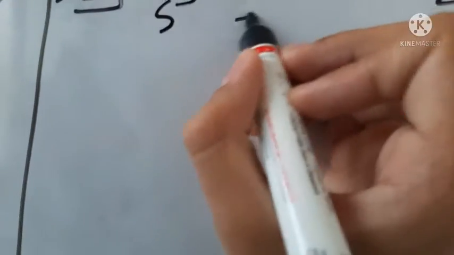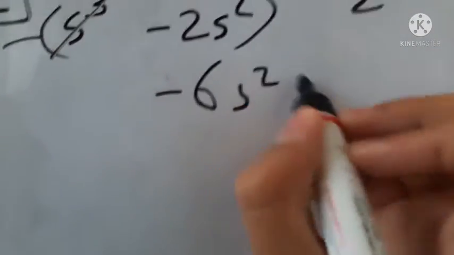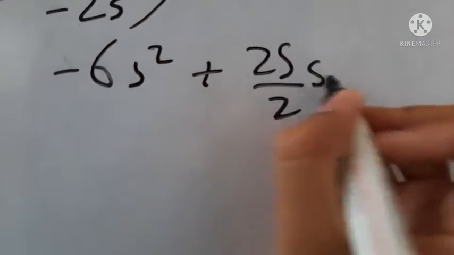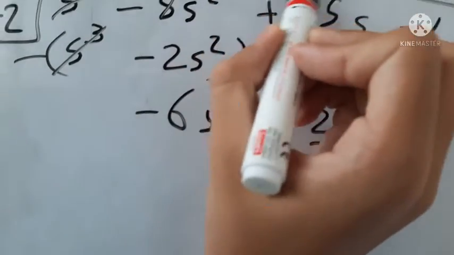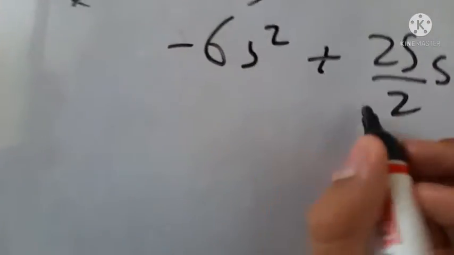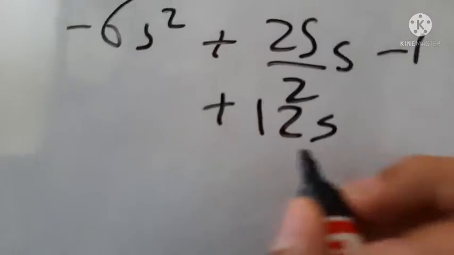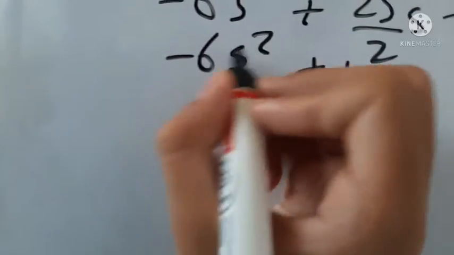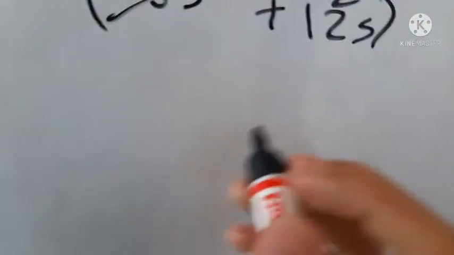So s squared, minus 2s squared, these cancel out, and this becomes minus 6s squared plus 25 over 2 s minus 1. That's minus 6s. Minus 6s times minus 2 becomes plus 12s, and the minus 6s squared cancels out.